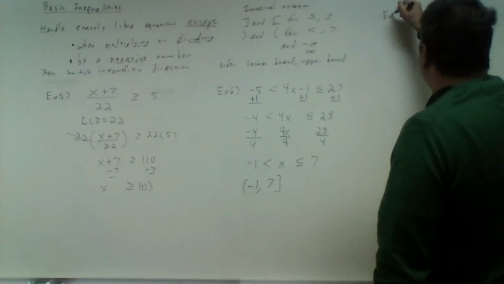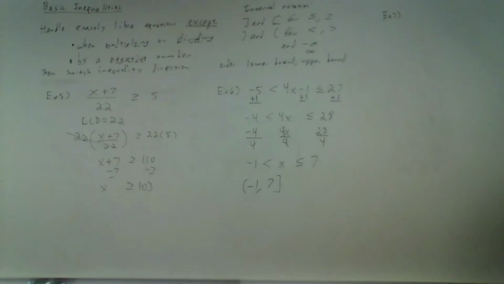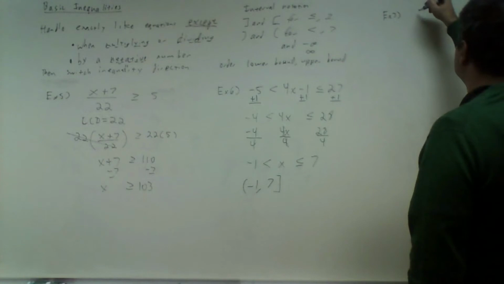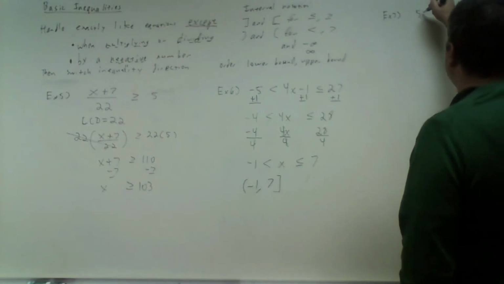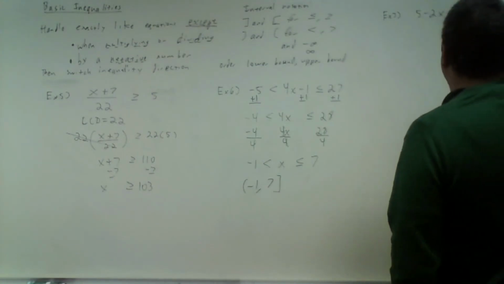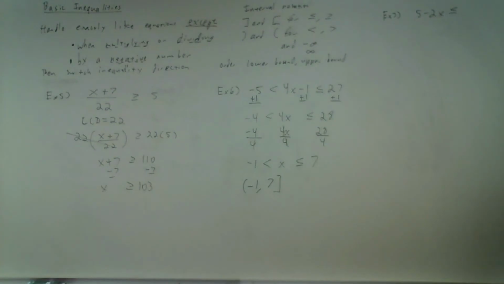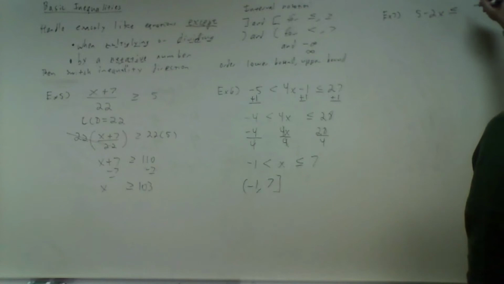All right, example 7. Five minus 2x is less than or equal to 23.